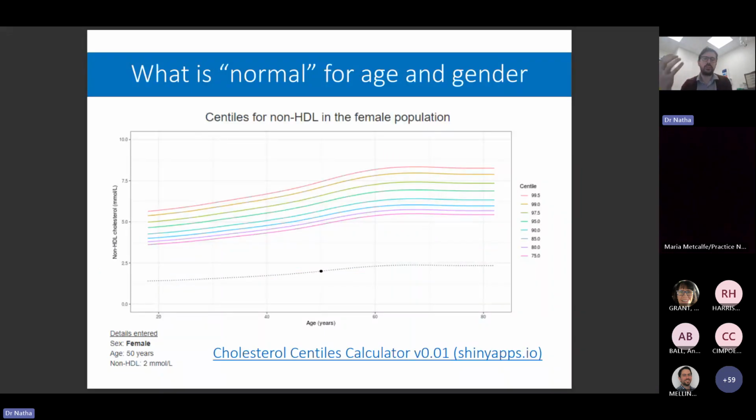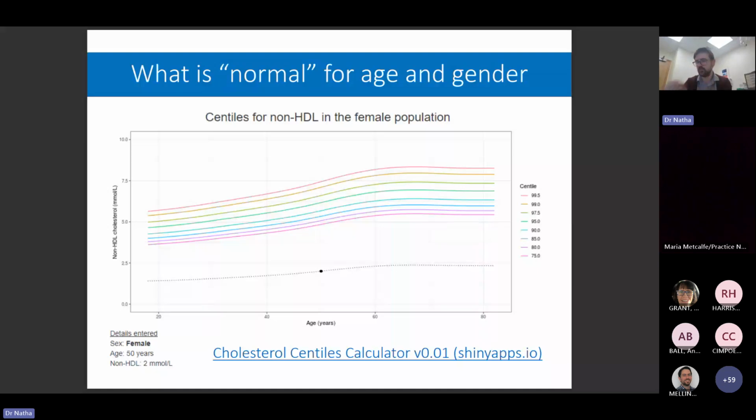One thing that might help you put it into context, setting aside some of the cutoffs that we might use for referral to the secondary care lipid clinic, if you're not really considering that, but really want to get a sense of how typical the patient in front of you's cholesterol results are, there are some non-validated but useful tools that can map the patient's cholesterol value against population data to give an estimate.